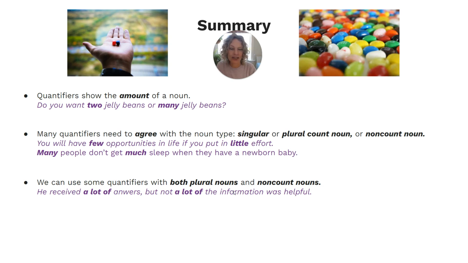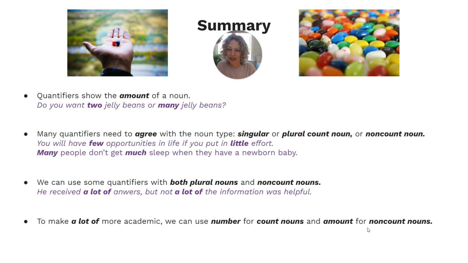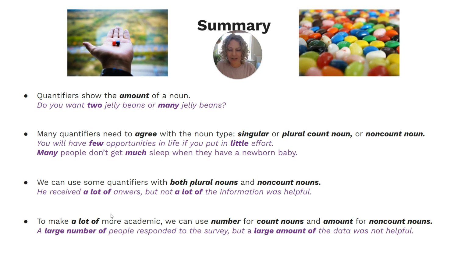Answers is plural, information is non-count. But to make a lot of more academic, we can use number for count nouns and amount for non-count nouns, as in, a large number of people responded to the survey, but a large amount of the data was not helpful. People is a plural count noun, and data is a non-count noun.